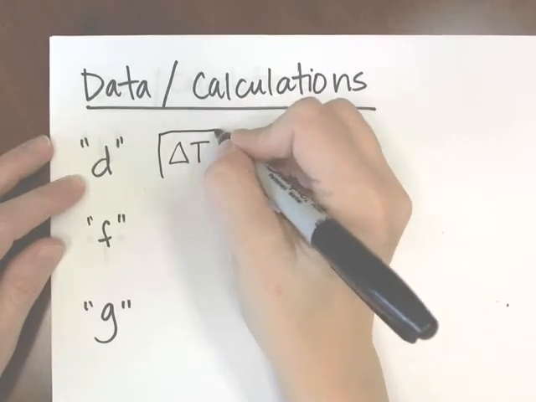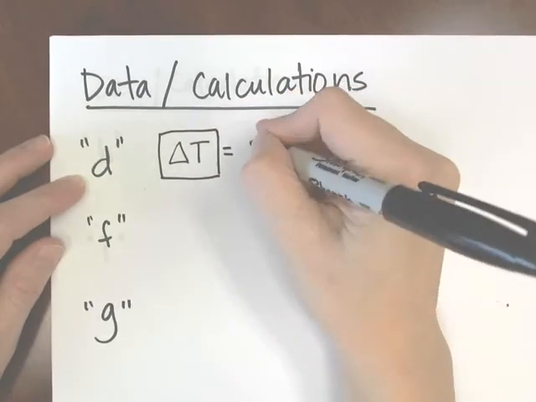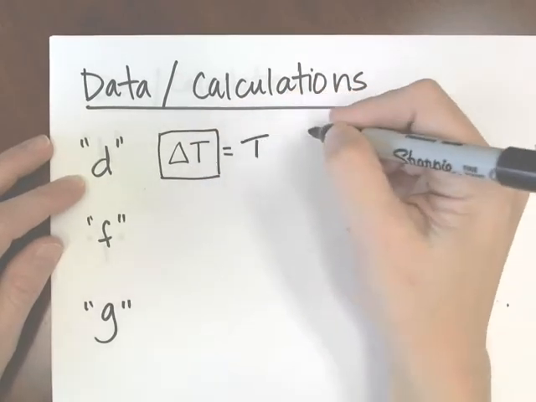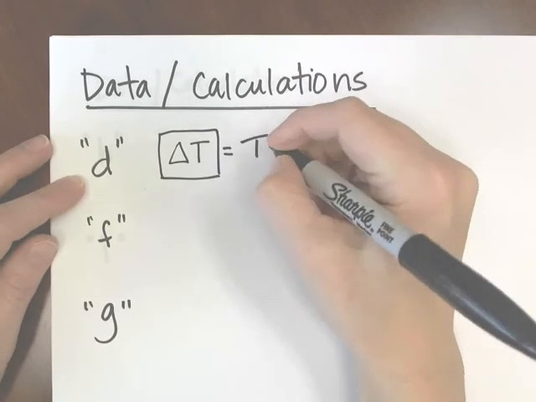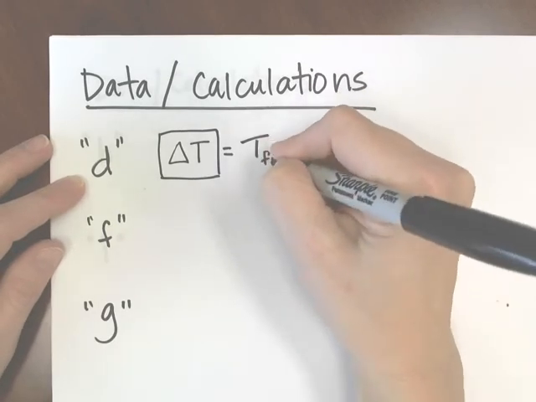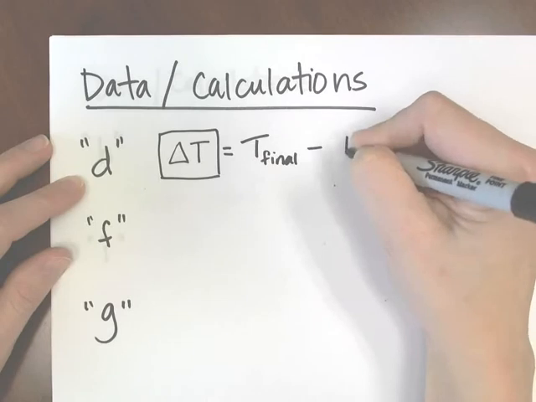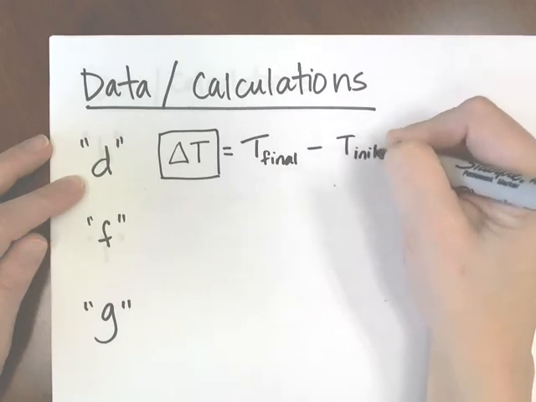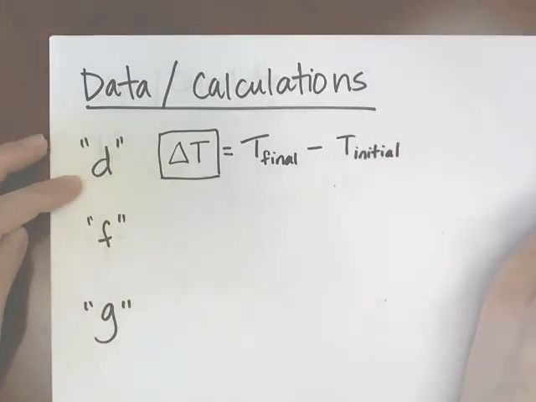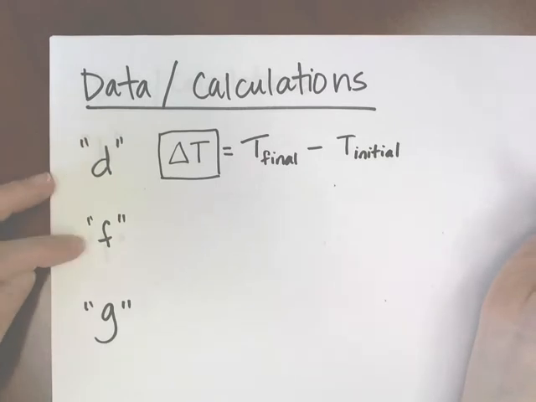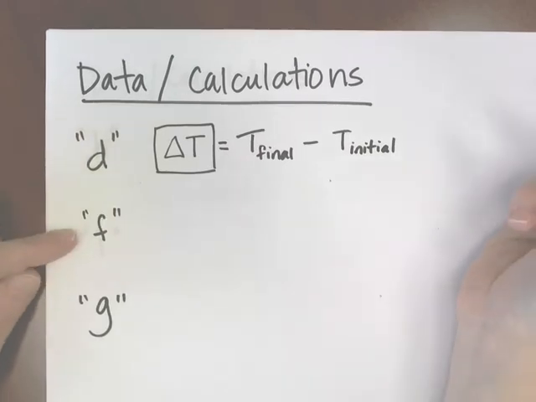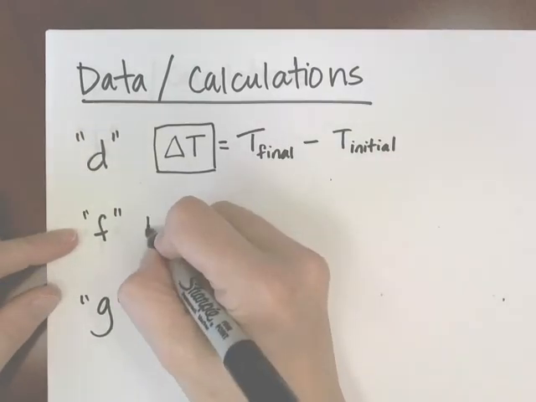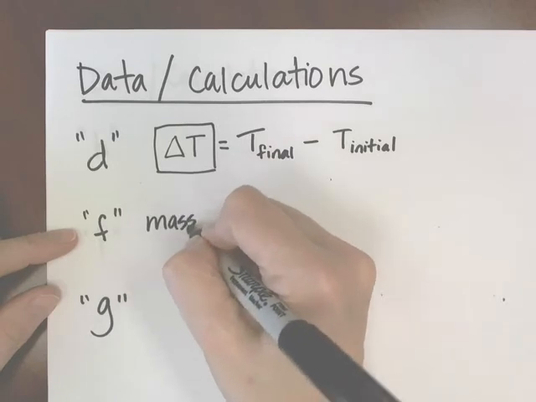This is what we're interested in, the delta, how much does it change. So with your thermometer, you're going to measure the temperature at the end. Final will be higher than the temperature initially, so you'll subtract those and figure out how much the temperature goes up.